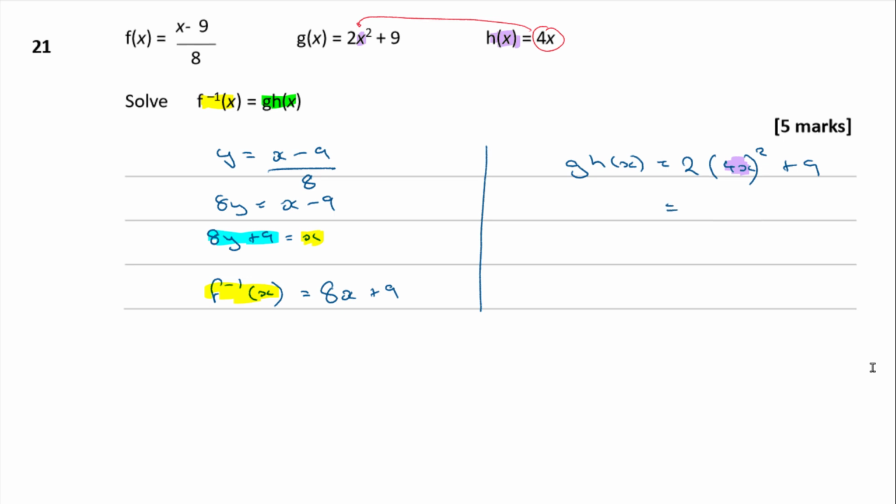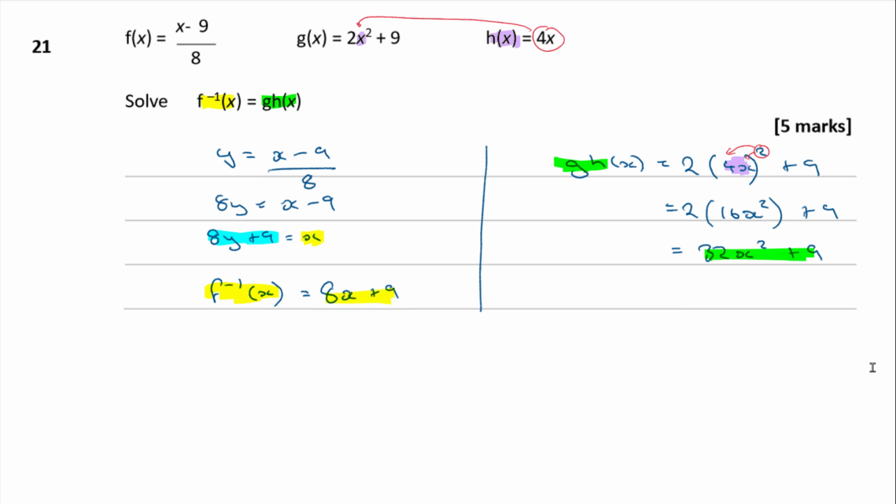Don't forget I need to square both parts. I need to square the 4 and the x. So that's going to give me 2 lots of 16x squared plus 9, which is the same thing as 32x squared plus 9.